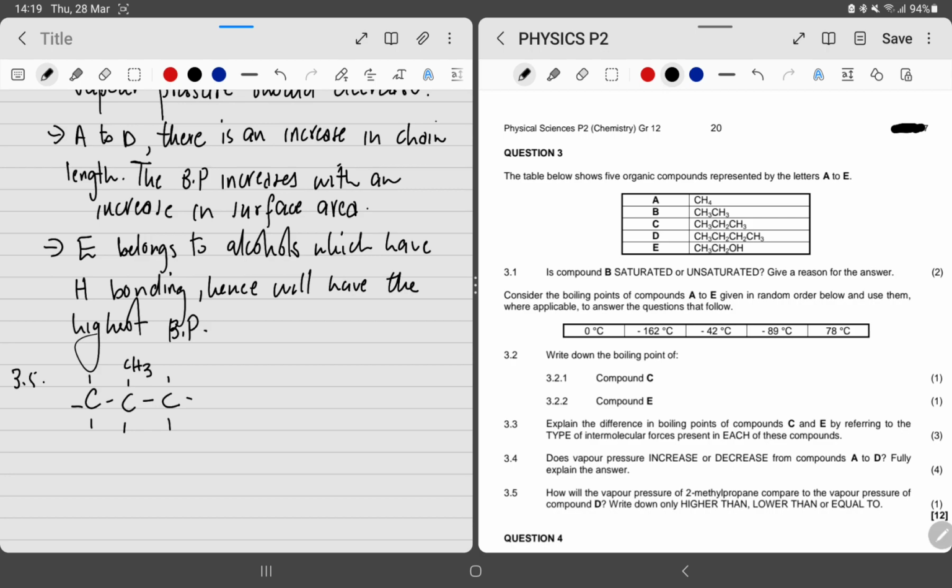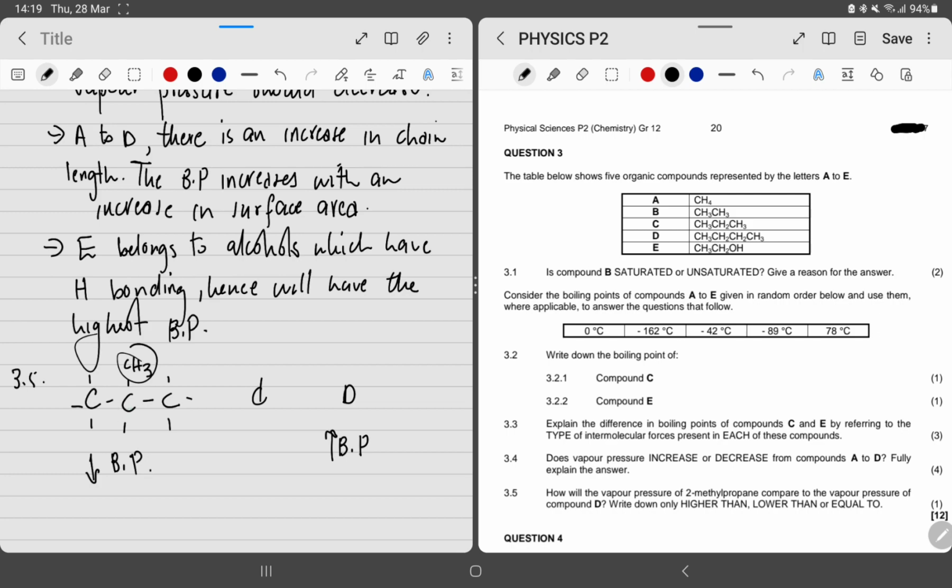So this means that the vapor pressure, let's start with the boiling point. The boiling point of this one is going to be lower when compared to the boiling point of D, because branching decreases the strength of the intermolecular forces.